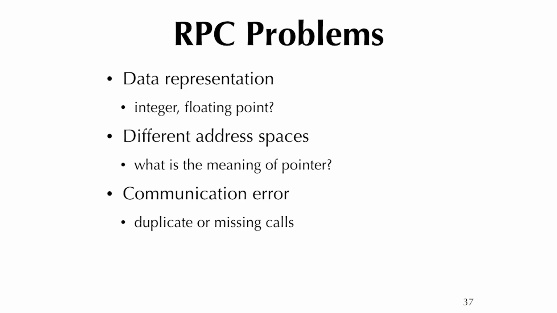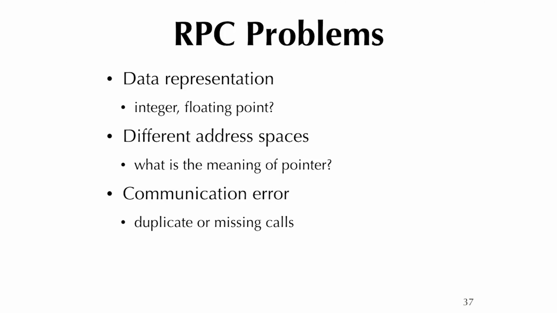So data representation is an issue: integer, floating point, and also if you ever call a function with a pointer, what does the pointer mean? It's an entirely different machine. I may say, okay, whatever data you have, put it in this pointer address. But the remote call can't access your memory because it's over the network. So what do you do with the pointer, right? And also, your connection is not always successful. So what happens if you make a call that's not successful?